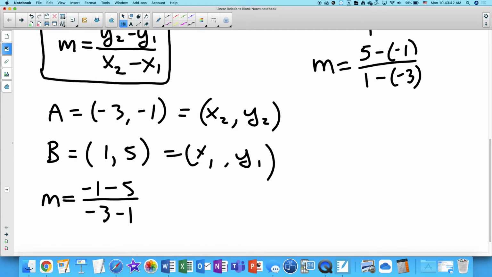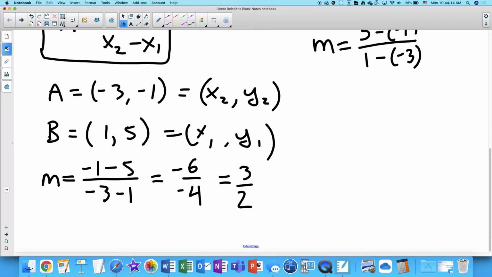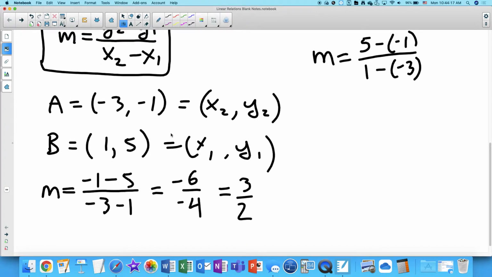Well, this makes -6 over -4. What does that reduce to? Is it -3/2 or +3/2? Positive, because we've got 2 negative signs. So this is still 3/2. So it really doesn't matter. It's arbitrary which point you choose to be x1, y1 and x2, y2. Questions with that?